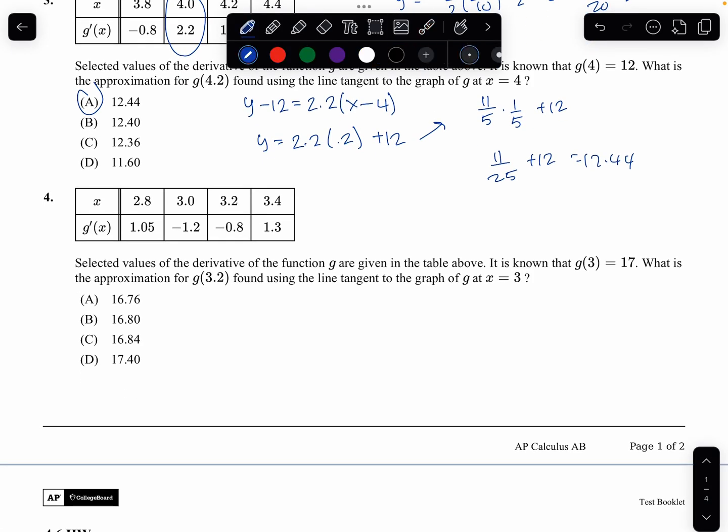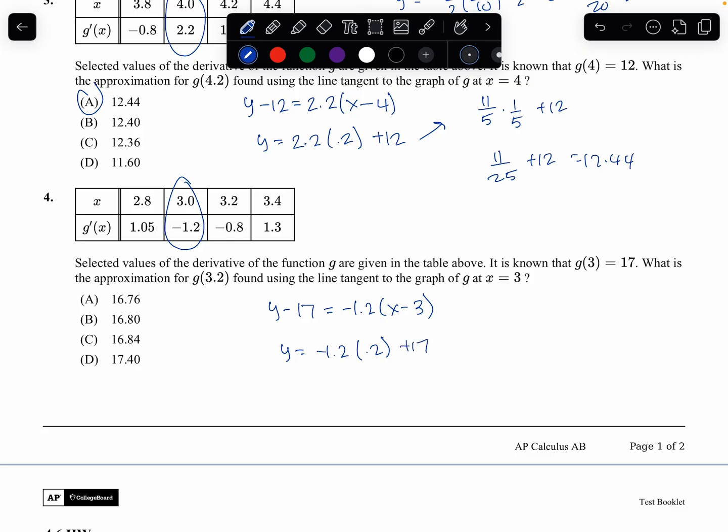All right, same type of question right here. We're going to say y minus 17 is going to be equal to negative 1.2 times by x minus 3. And we're plugging in 3.2. So y is going to be equal to negative 1.2 times by 0.2 plus 17.